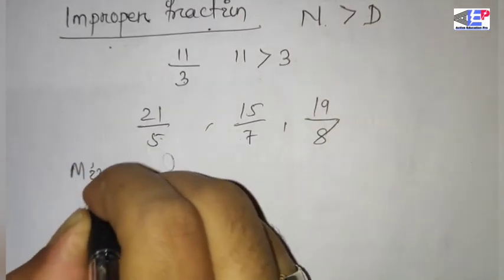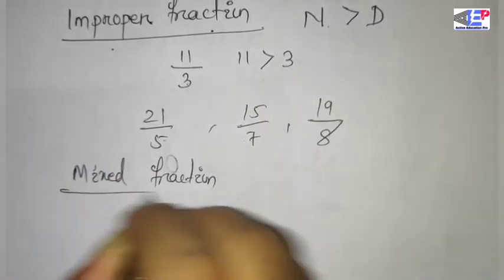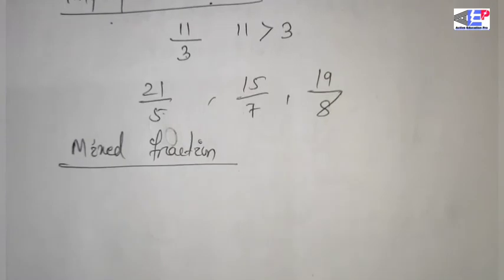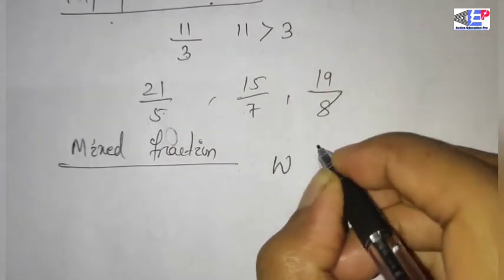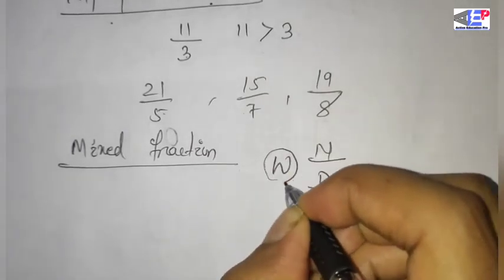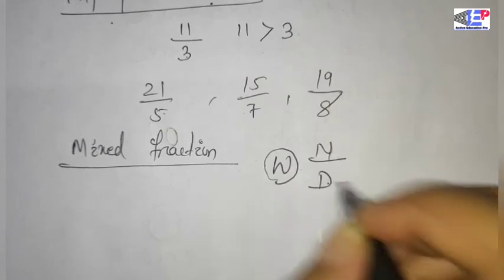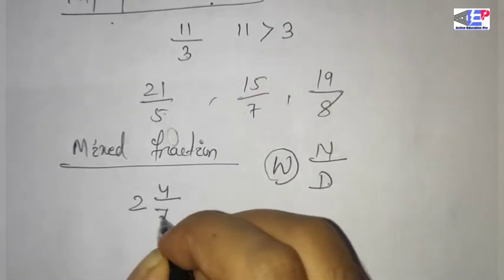Mixed fraction is a mix of a whole number with a numerator and denominator, so it is known as a mixed fraction. Example: 2 and 4 by 7.